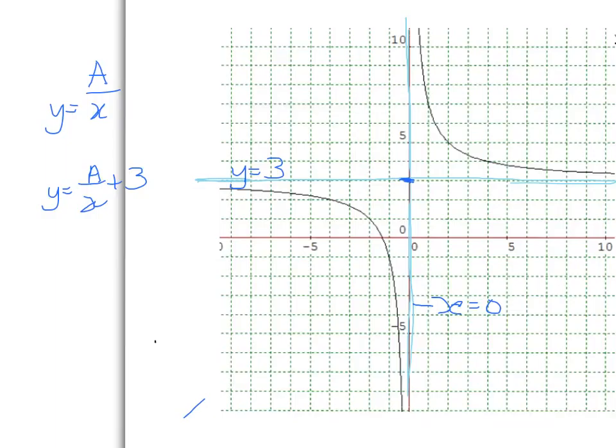Now to find out a, remember we go from the centre of the new asymptote. Let's find a point we can go to: along 2 and up 2. So 2 times 2 is 4. A is 4. Y equals 4 over x plus 3, because it's moved up 3 from 0, 0.